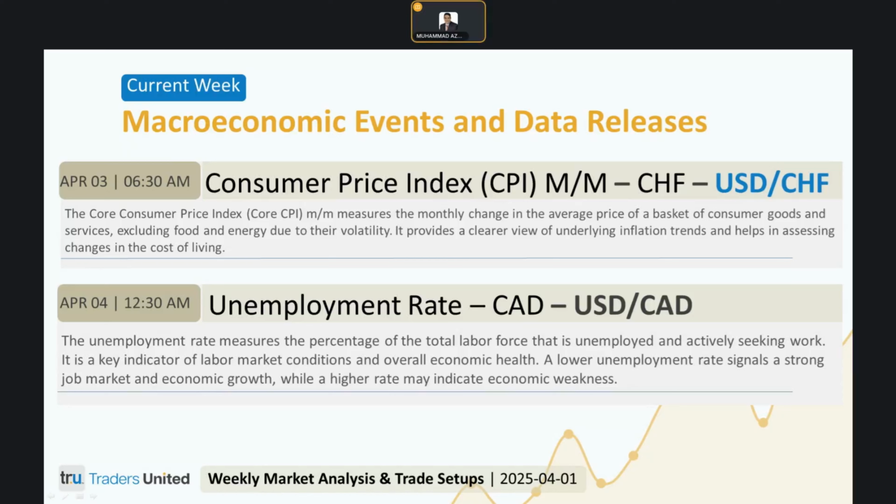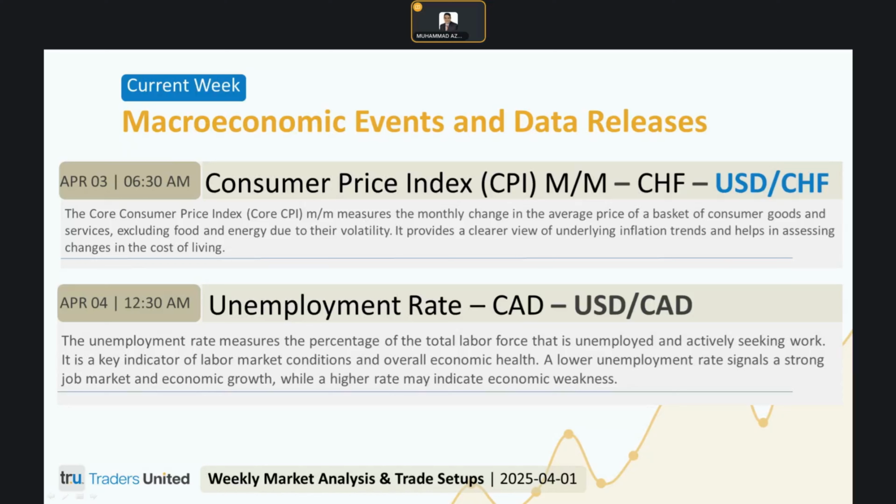The Swiss National Bank (SNB) closely monitors CPI data when making monetary policy decisions. Higher than expected inflation could lead the SNB to adopt a more hawkish stance, potentially strengthening the Swiss franc, CHF. Conversely, lower inflation may raise expectations of monetary easing, which could weaken the CHF, causing USD CHF to rise.